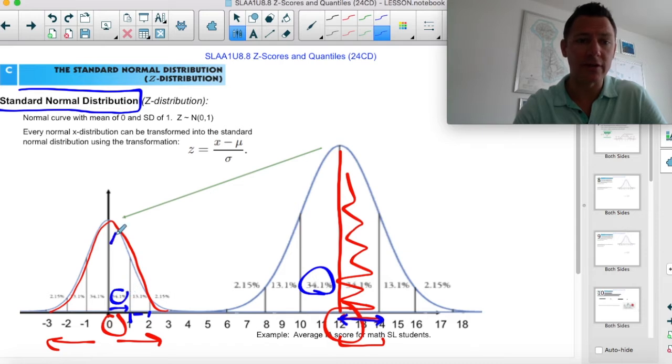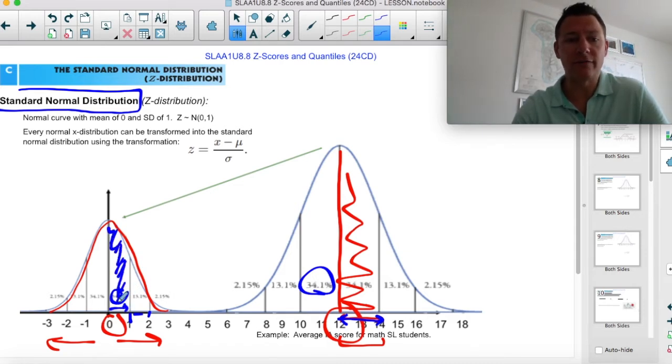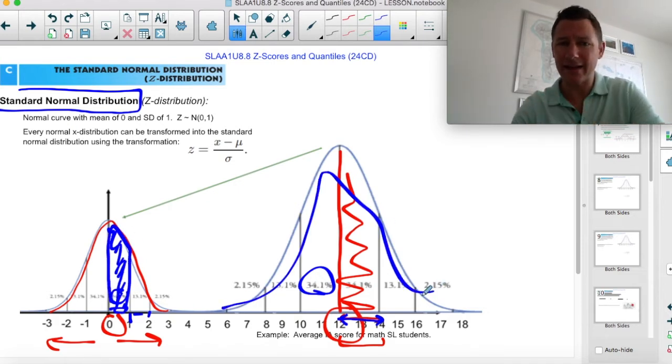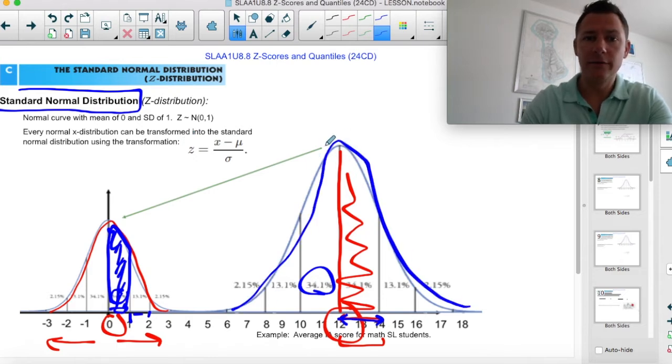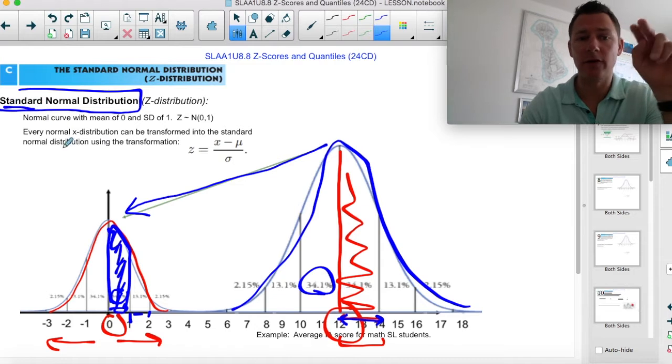If you're 1 standard deviation above, I know that there's a 34% chance of being within 1 standard deviation. So this curve doesn't look exactly like I want it to, but we transform our data curves from what they naturally are into this standard, which has a mean of 0 and standard deviation of 1.